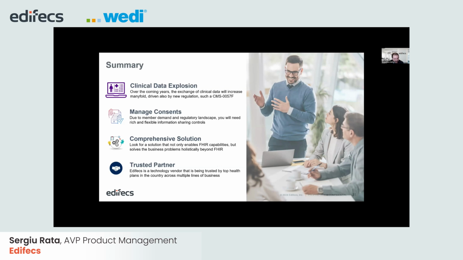And of course, very few people realize, but this will inevitably lead to an explosion in clinical data. Just CMS 57 alone will lead to that. But there are other use cases that the industry is looking at where even more information is going to be shared. So just brace yourself. Clinical data is here to stay, and it's going to be a lot of it.